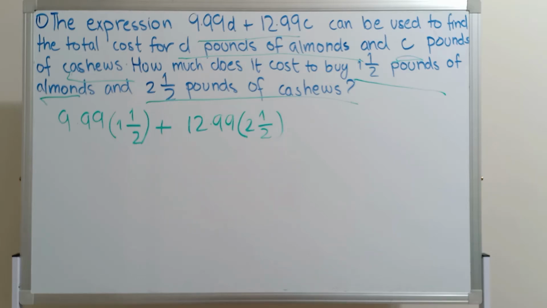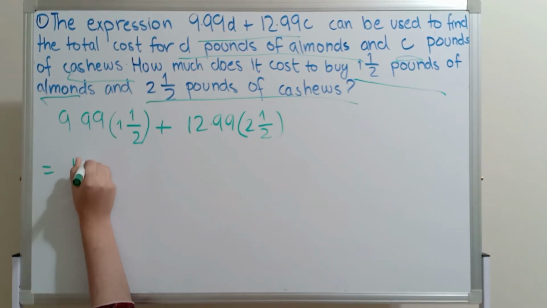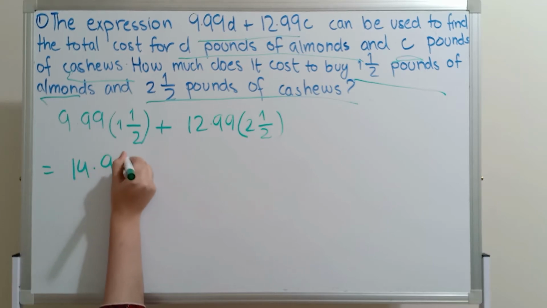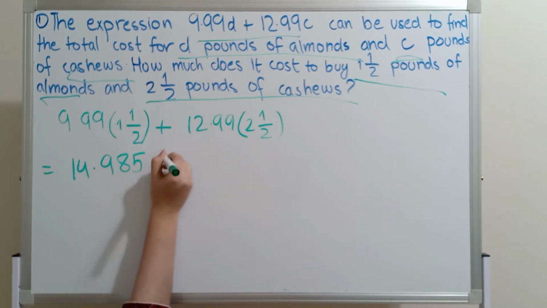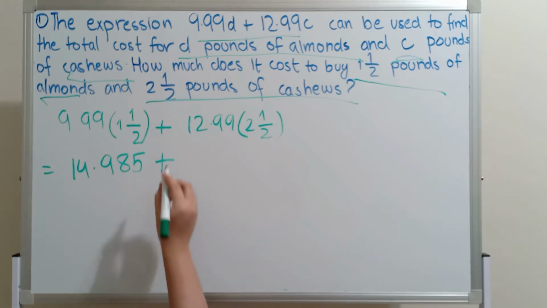So 9.99 times 1 1/2 gives us 14.985. Plus we multiply 12.99 by 2 1/2, and we get 32.475.